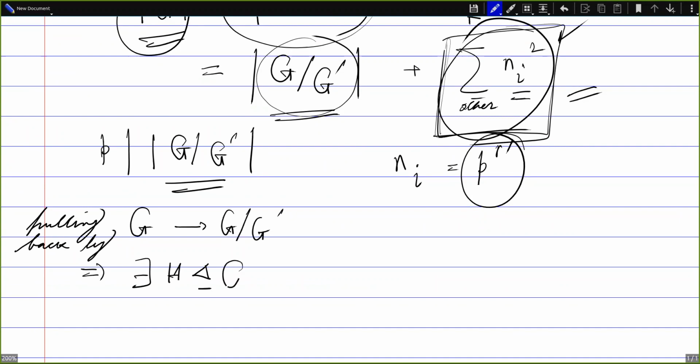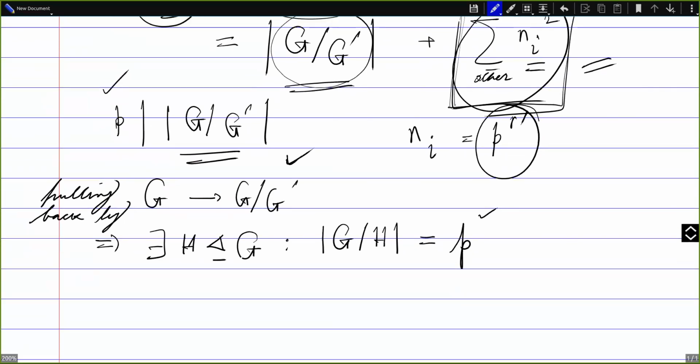Since the subgroup here has index P, once we pull it back in G, it is easy to see that it also has index P. So thus we get a normal subgroup H of G such that the index is P.